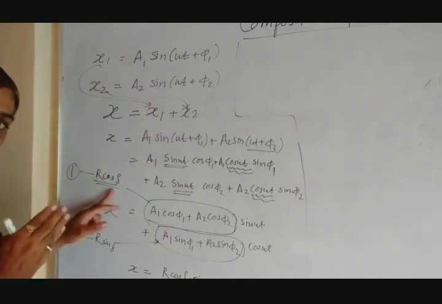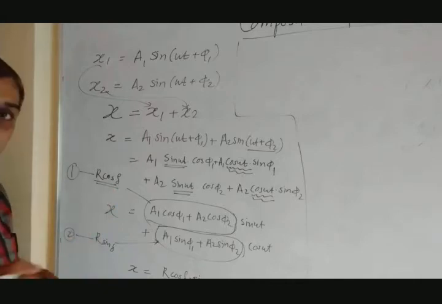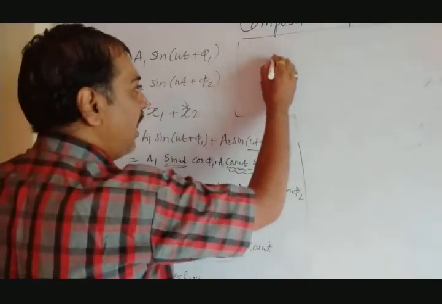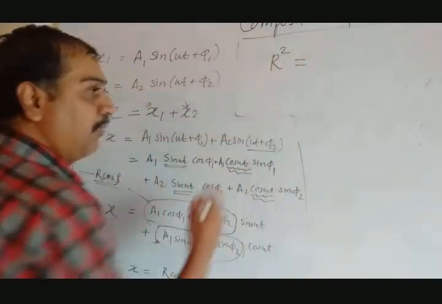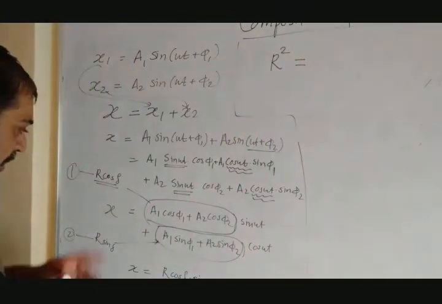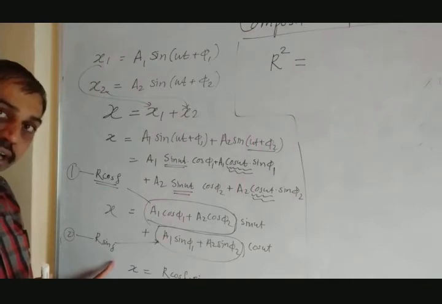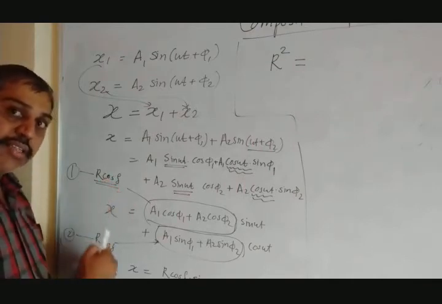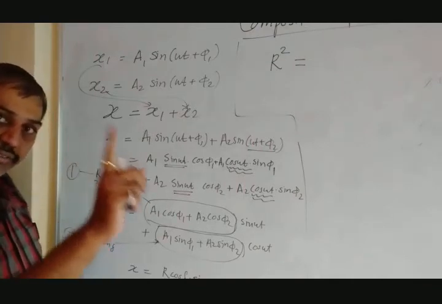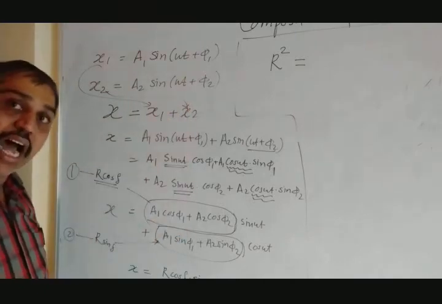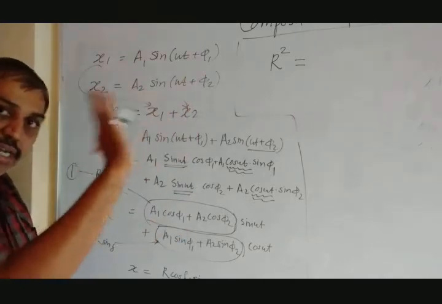R square is taken common. Sine square delta plus cos square delta is 1. So I have written it as r square only. R square into 1 is r square.